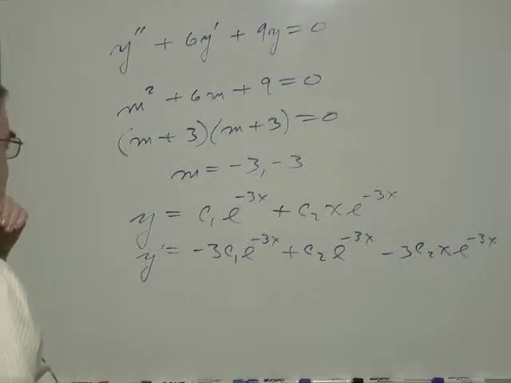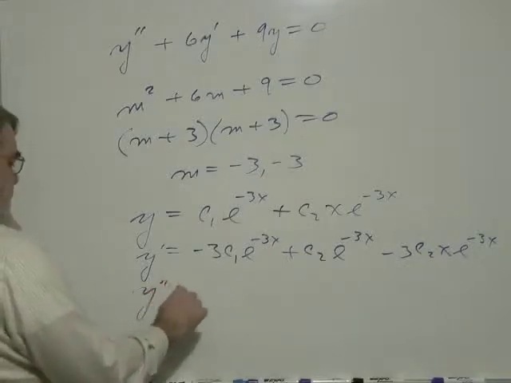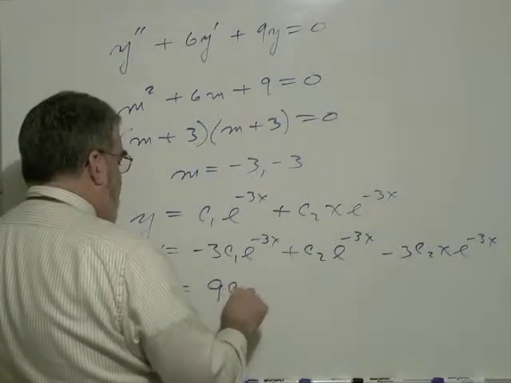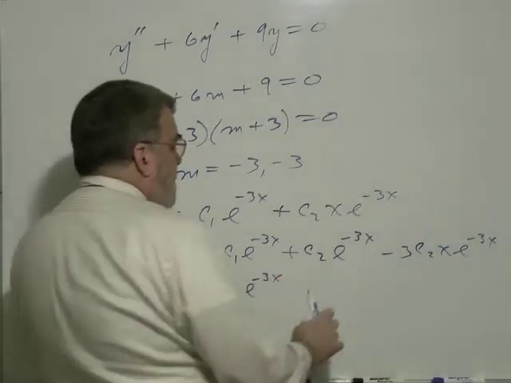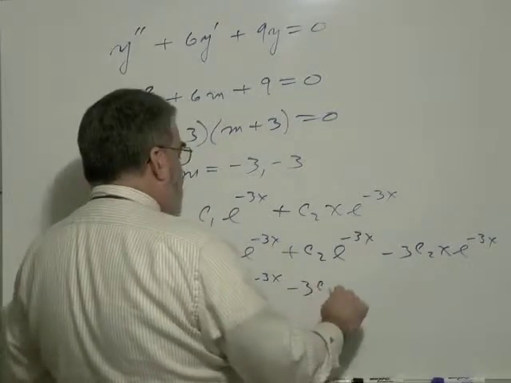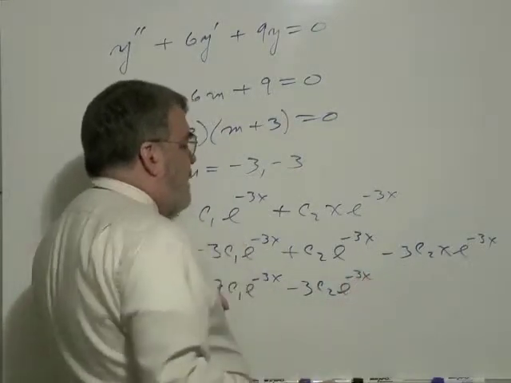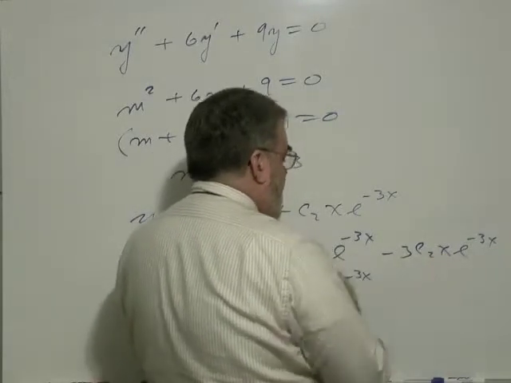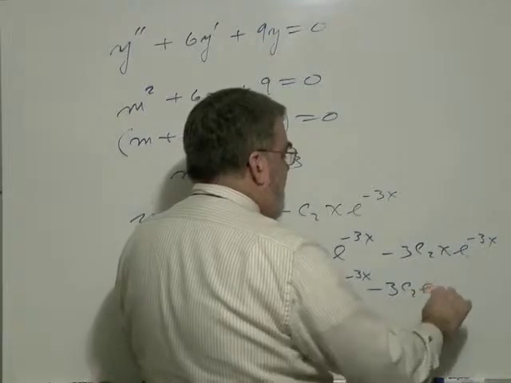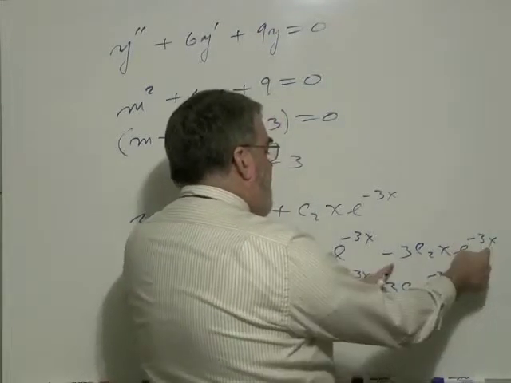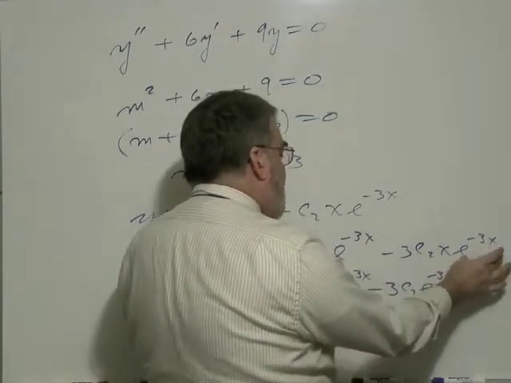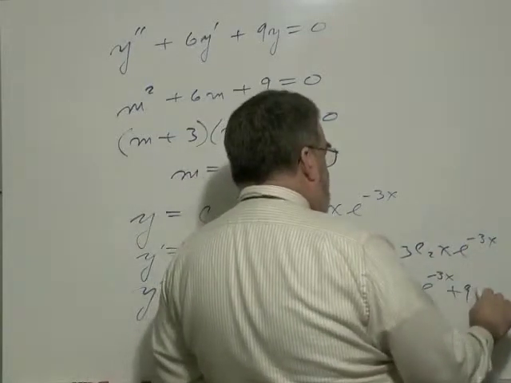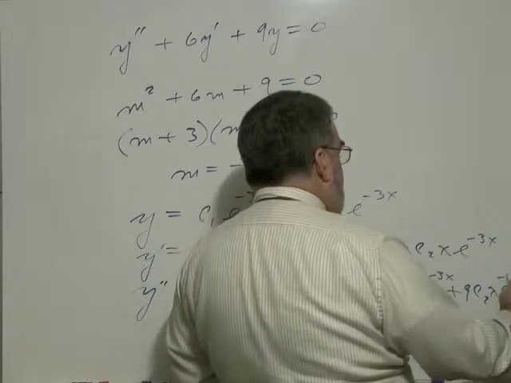And then we take the second derivative, we'll get 9c1 e to the -3x minus 3c2 e to the -3x. And then again we have a product rule, so the derivative on x will be minus 3c2 e to -3x. And then we're going to get the derivative on the e to the -3x part. -3 times -3 is positive 9, so we have plus 9c2x e to the -3x.